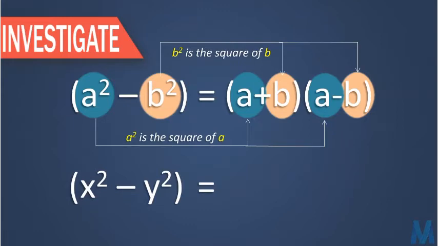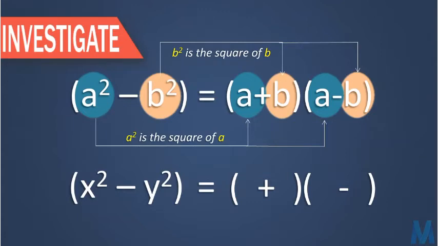So, we're going to make two empty parentheses with plus and minus symbols. Okay? And then we need to remember what variables to put inside the parentheses. They are the square roots of the given binomial x squared minus y squared.